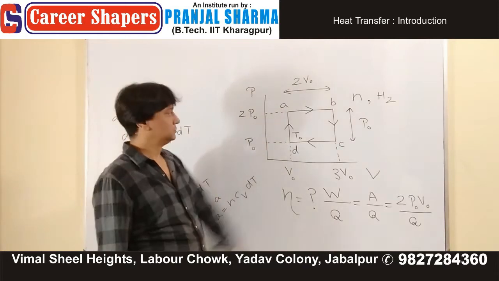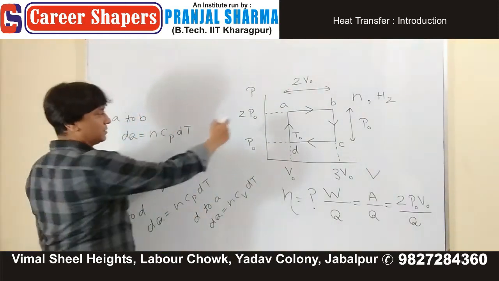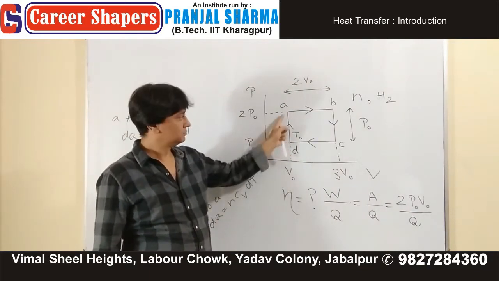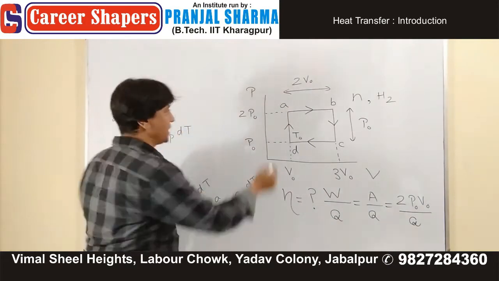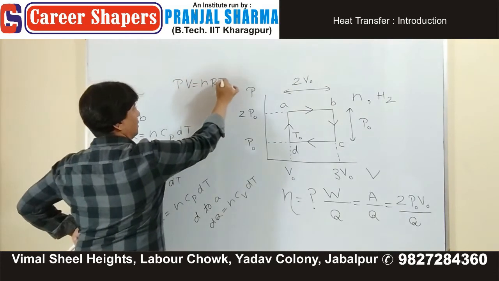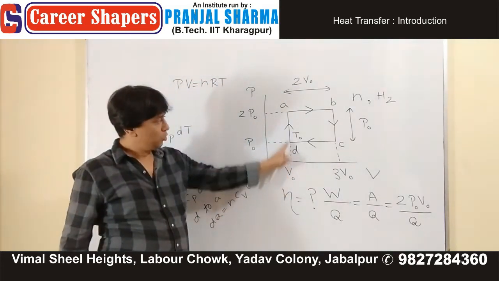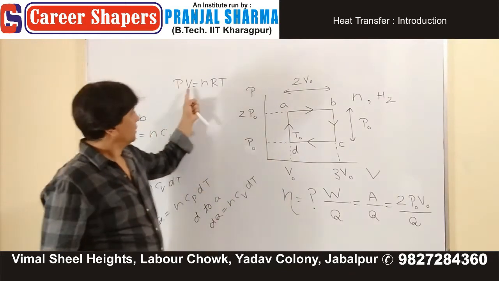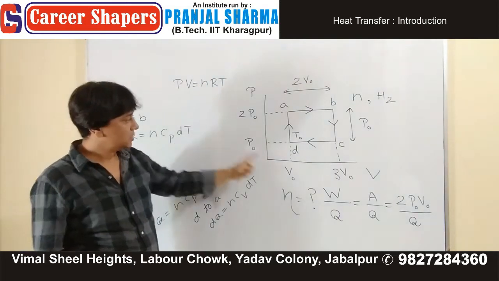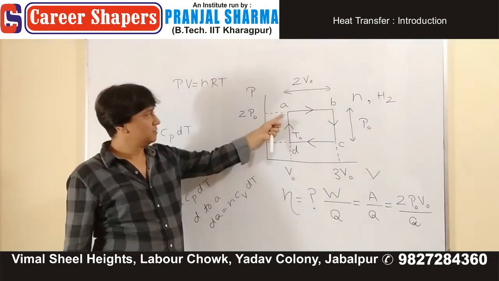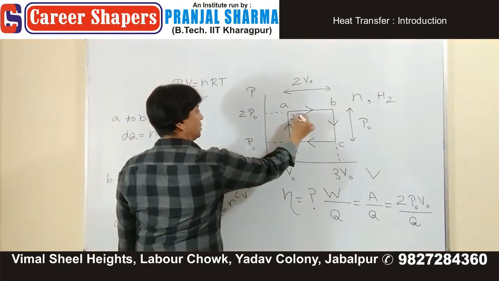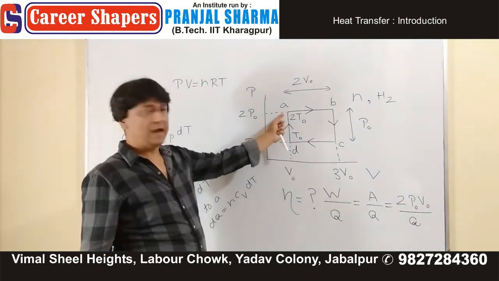So when you talk about D to A, you're keeping volume constant, use PV equals nRT. Volume is constant. So if you are going to increase your pressure, your temperature is also going to increase. Pressure from P naught becomes 2 P naught, and therefore temperature will be 2 T naught at A.